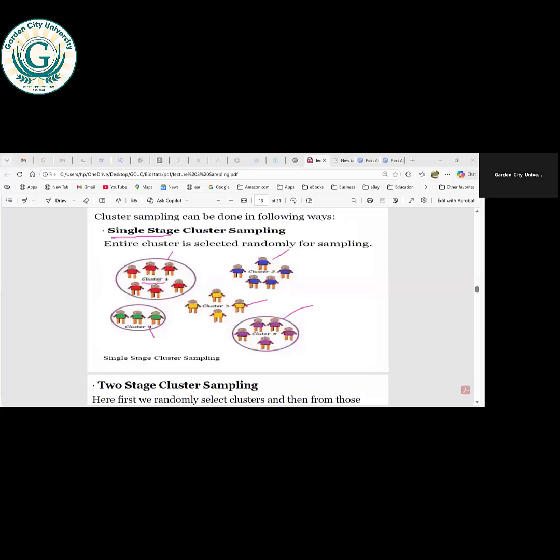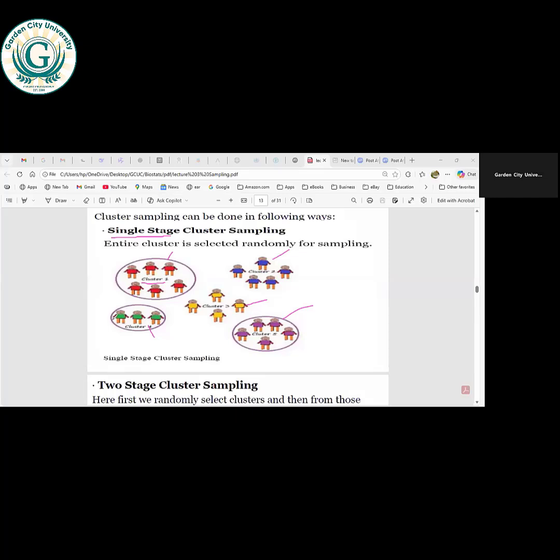then it means that all the individuals in Upper East are going to be part of the sample. Also, if I select Volta region, all the individuals in Volta region are going to be part of the sample.